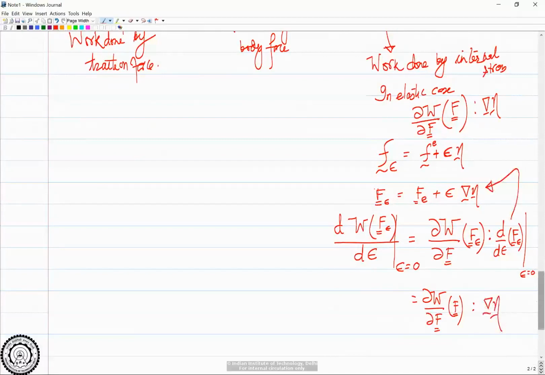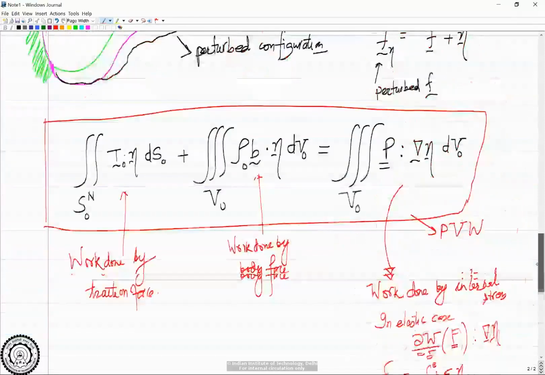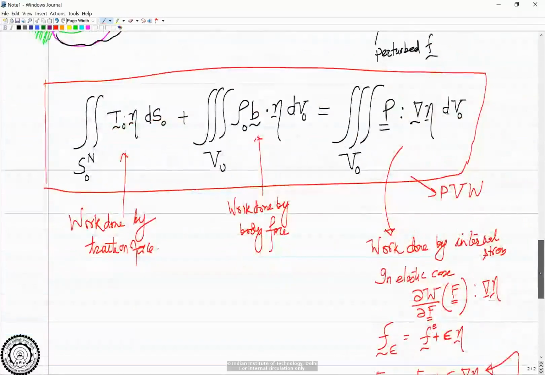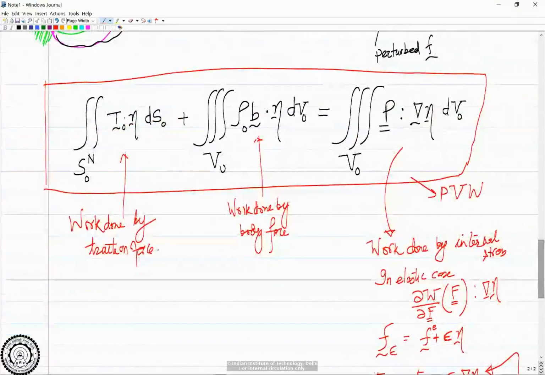So this term is the change in stored energy due to perturbation, and that is called the work done by internal stresses, because that is inducing the change in stored energy. Am I clear to you?